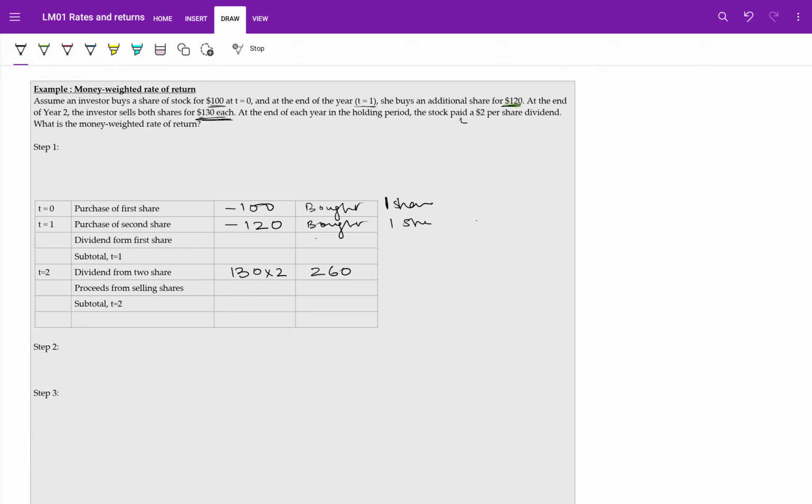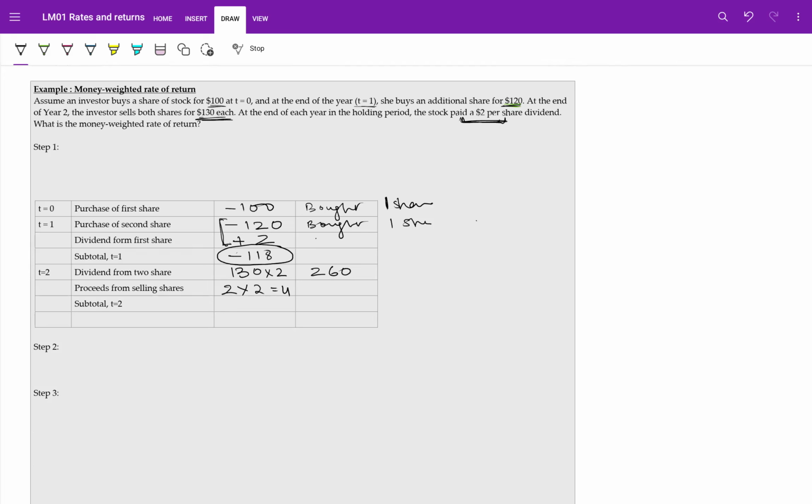Now one more thing, proceeds from stocks. Here, she actually has proceeds from stocks. She has gained a $2 dividend here, which is a cash inflow, and the total cash outflow here is 118 only in time one. For time period one we have two shares, so there is going to be $4 extra.